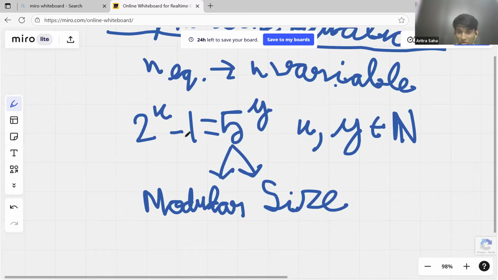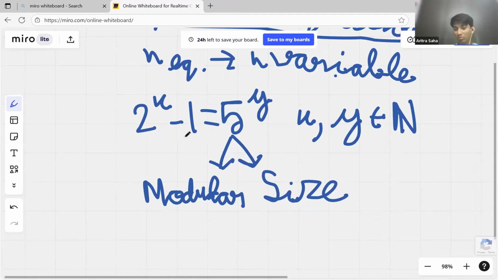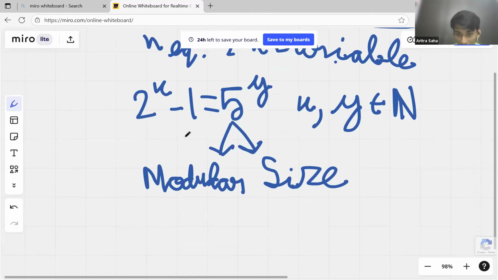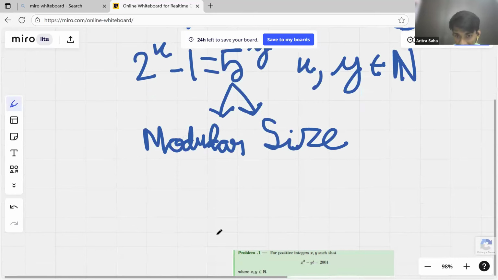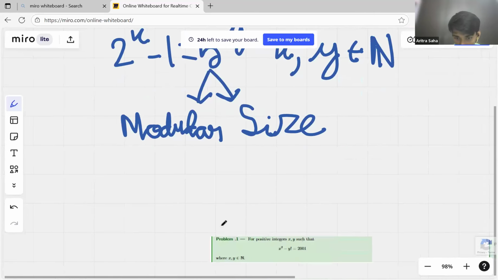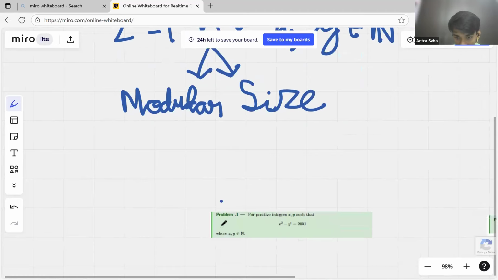So today we'll be doing questions and we'll try to explore ideas on how to approach such a question. I will not be revealing which part it belongs to. Normally when you are doing a class, it's based on some topic, but in today's class you have to find the idea. So this is the first question.